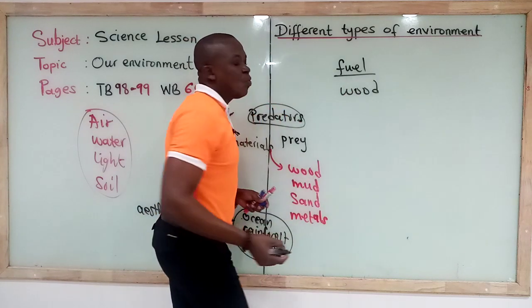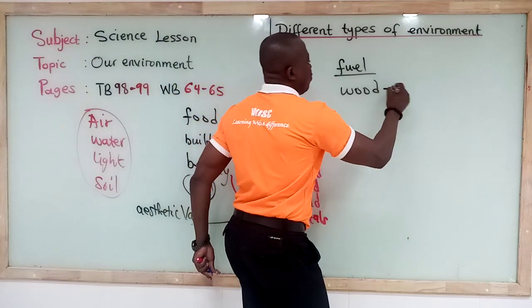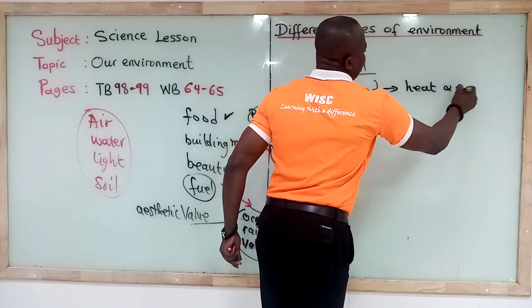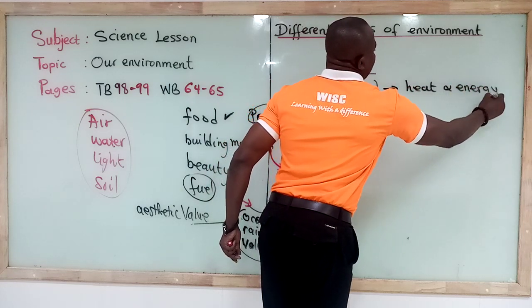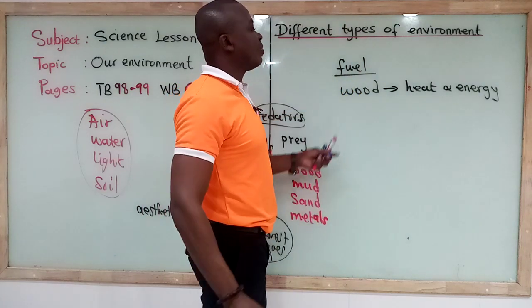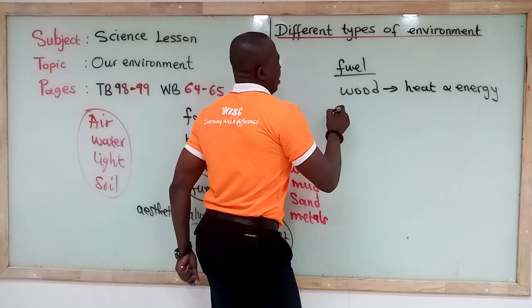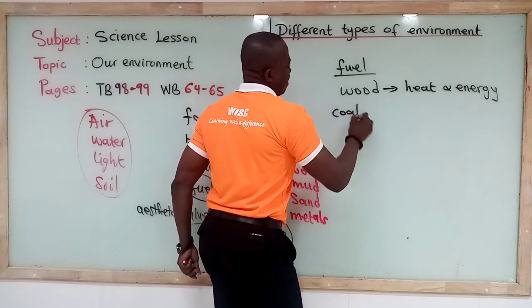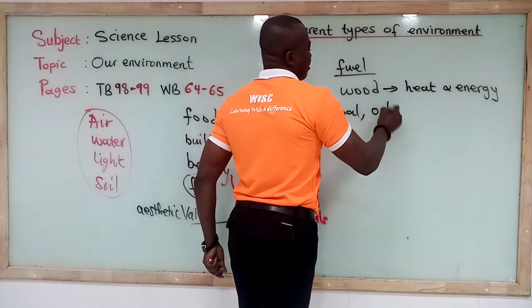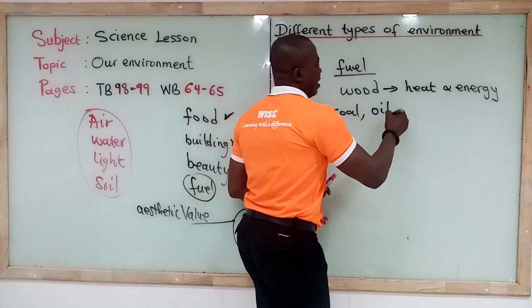When we burn the wood, it produces heat and energy, and this heat is what we use to prepare our food. And then we also talk about coal, oil, and natural gas.